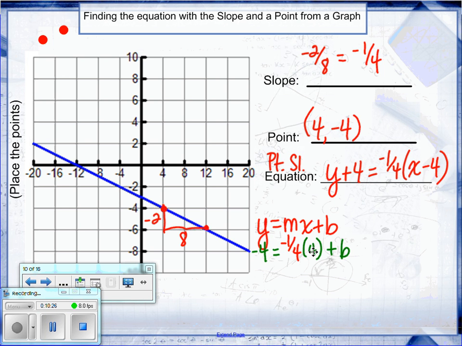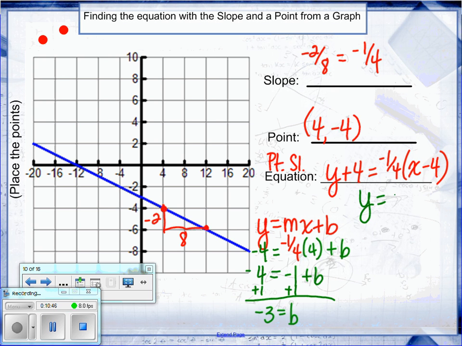So if I have 4 times -1/4, that's actually -4/4, which is a -1. And yep, I think we are right, because we're going to add over 1, and we get to -3. So b is -3 in this case. So if we rewrite this, it'd be y equals, again, -1/4 x, and then subtract 3.